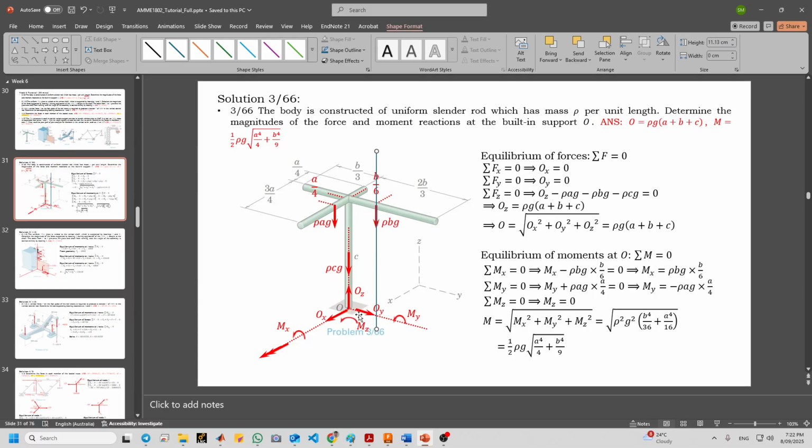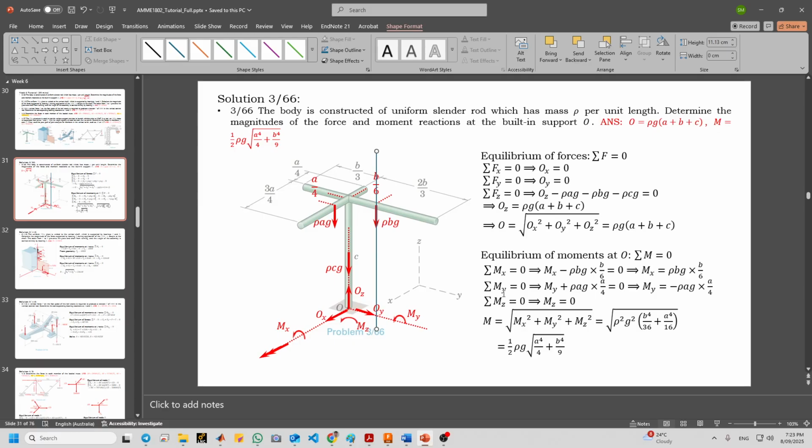So this is b over 6 j, the vector, and moment arm actually, and negative rho bg k is the force vector. And you do the cross products and you will find rho bg b over 6 but negative. This is the moment about point O. And we also have MX. So this is the summation of MX.